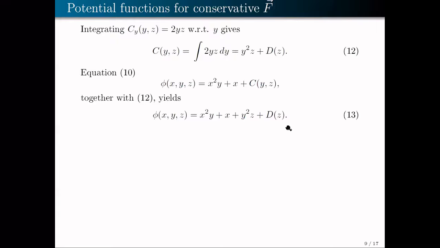So one more differentiation and integration. This is a function of x, y, and z. So we now differentiate with respect to z, which gives us 0 plus 0 plus y squared plus d prime of z, or y squared plus d prime of z.